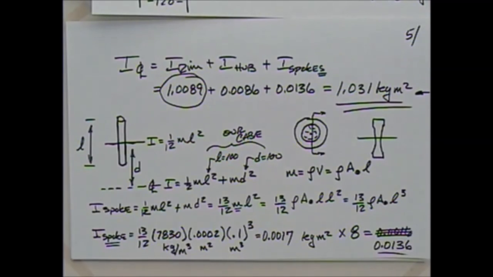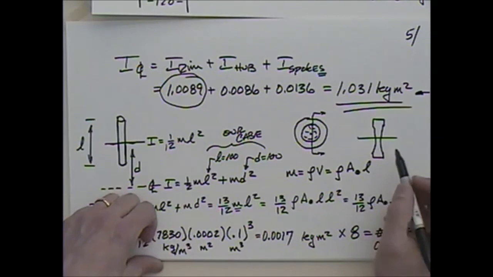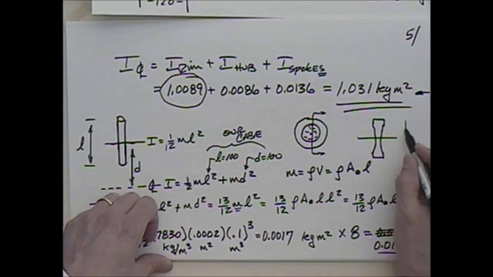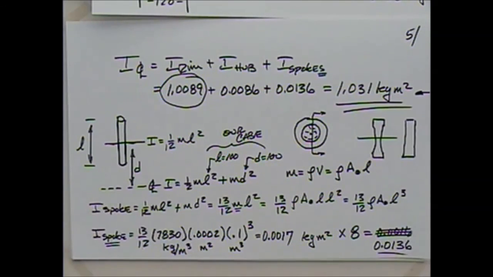What would you do? I don't want to have to try and integrate this thing, so what would we do? We just find it for this, and what approximation would we make? It's going to be a little less, isn't it? It'll be a little less. Good.